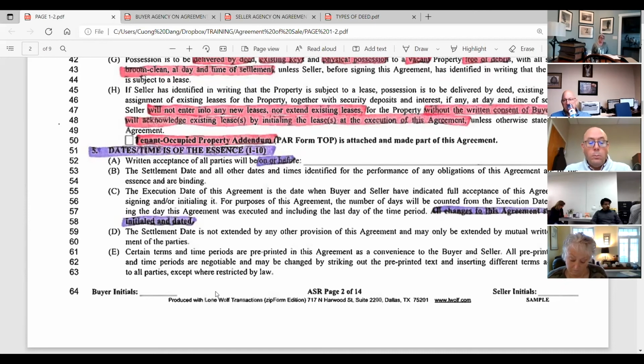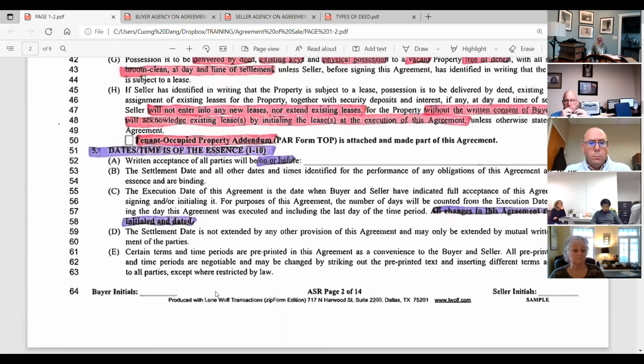Okay. Now, here's what I've seen lately: you negotiate with somebody and that date has passed. It's March 17th and the date on that contract is March 16th. But everybody accepted the contract, didn't make that change.